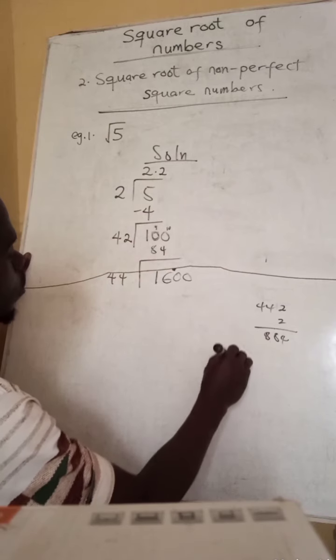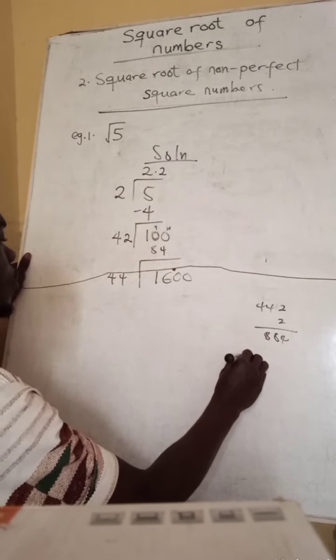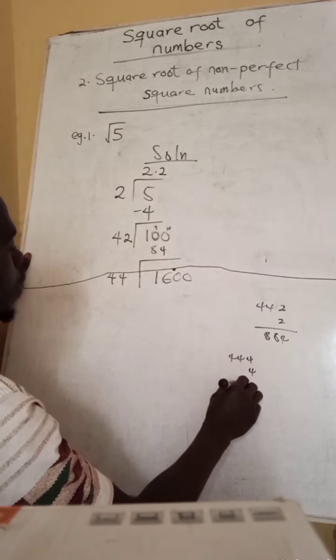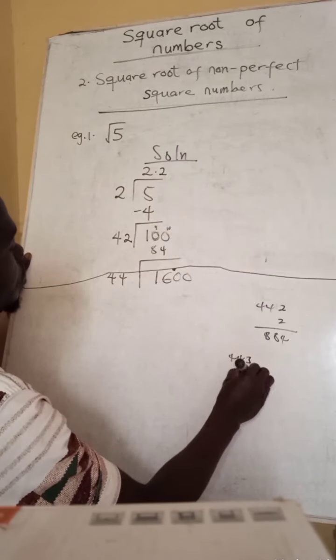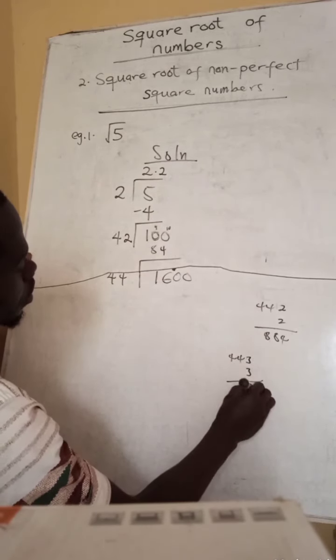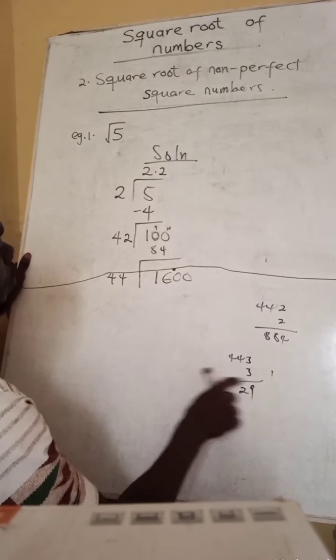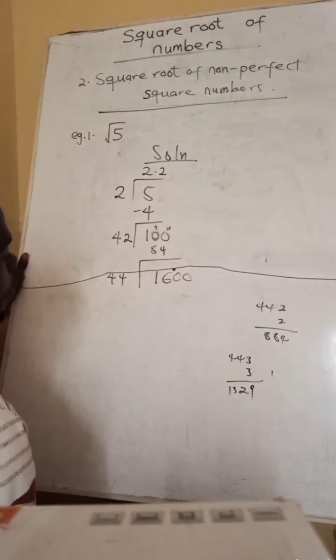So let's pick 44 by, let's say, 4, and see what happens. Might be more. So let's go by 3 first. So 3 times 3 will be 9. 3 times 4 will be 12, 2 remainder 1. 4 plus 12 plus 1, so 13. It's a bit closer.